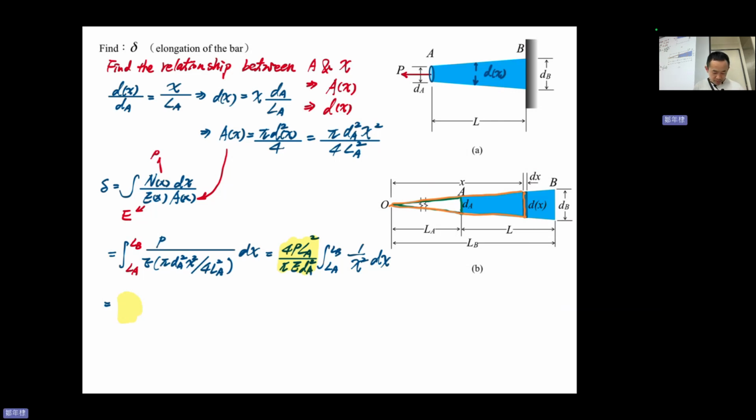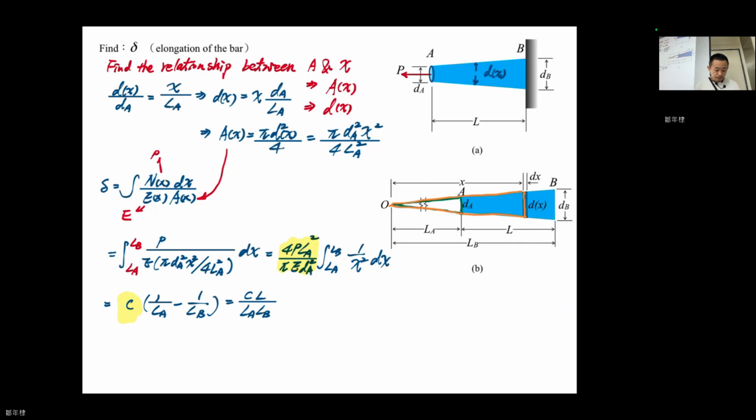The result is 1 divided by LA minus 1 divided by LB, which gives us CL divided by LA LB.